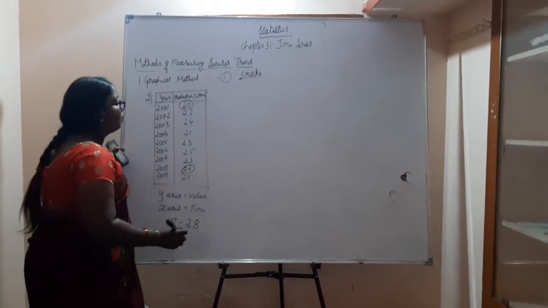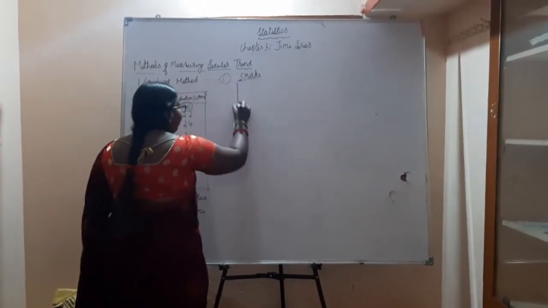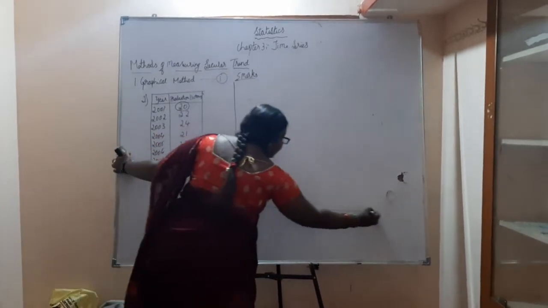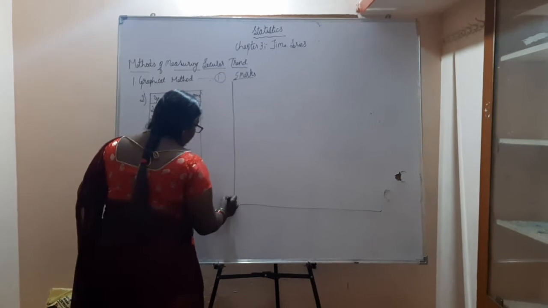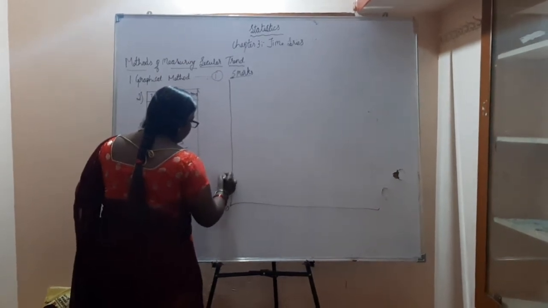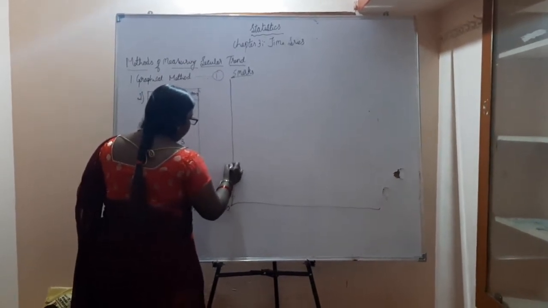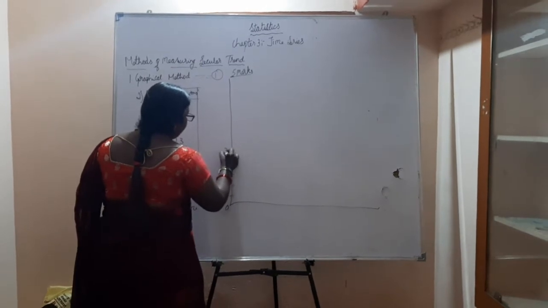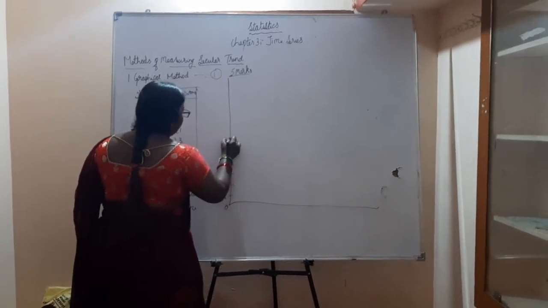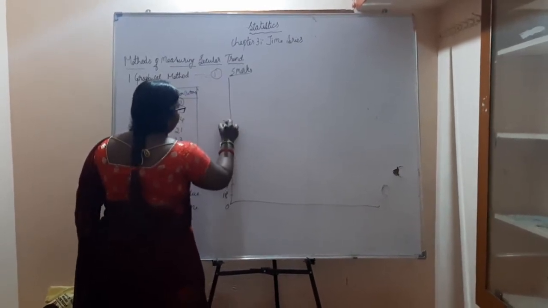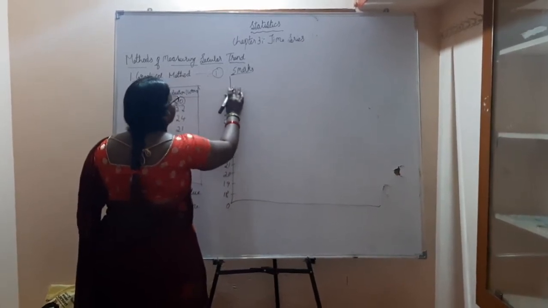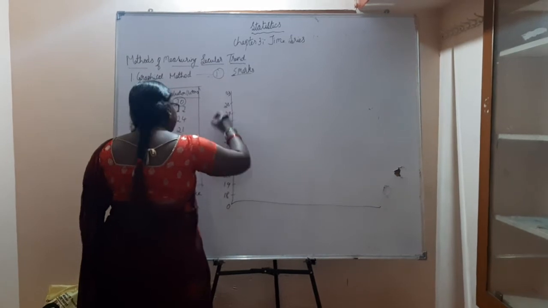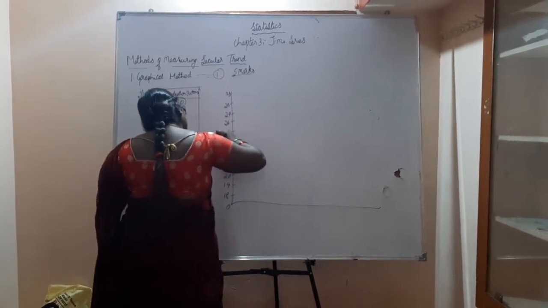Now for the graph representation, that is 0, 18, 19, 20, 21, 22, 23, 24, 25, 26, 27, 28. This is my y-axis, that is value.